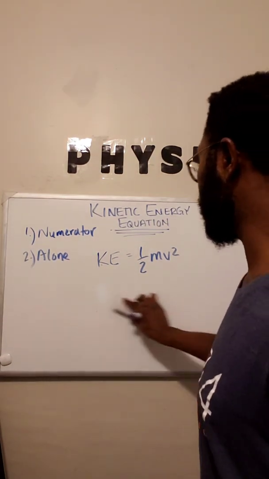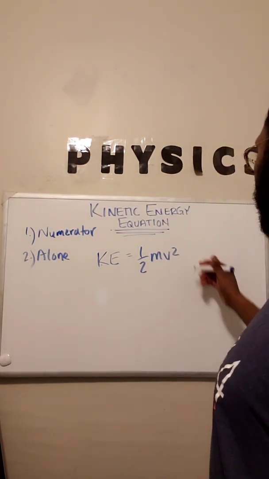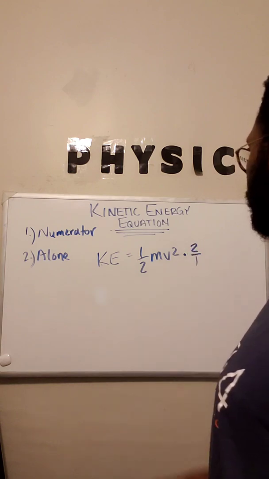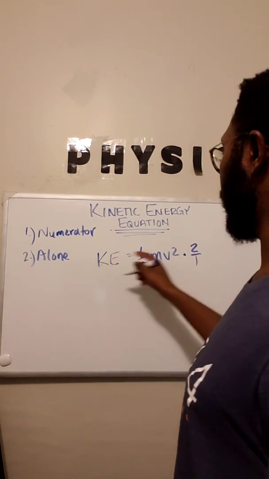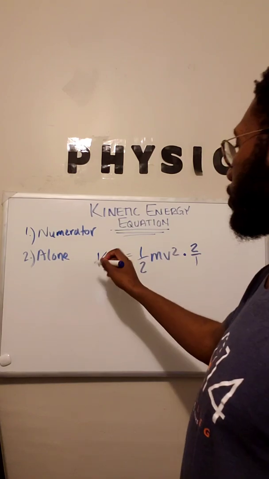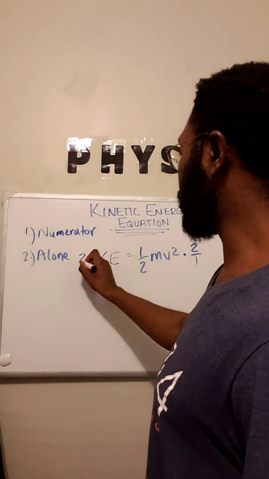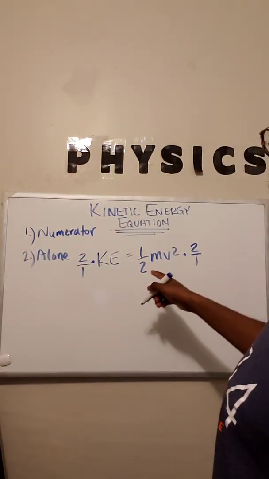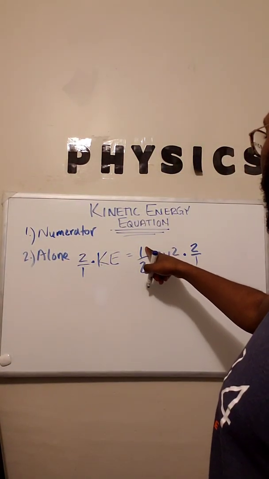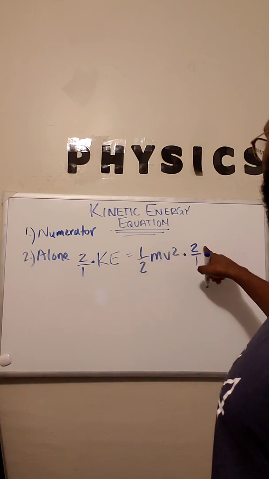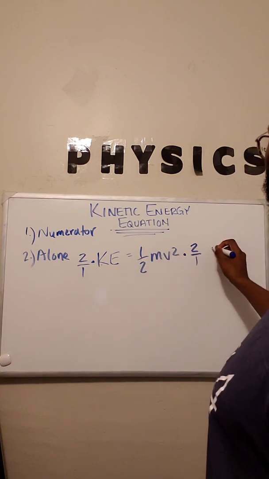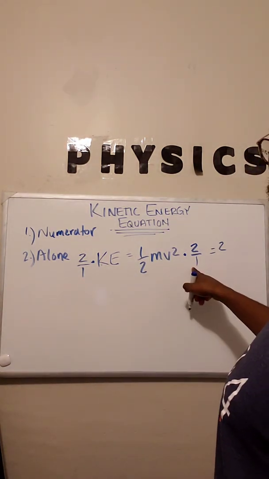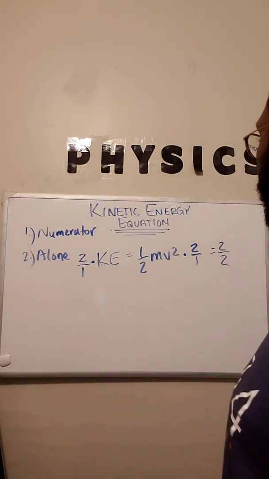All right, so let's go ahead and do that here. So I'm going to multiply 1/2 by 2/1. And whatever I do to one side, I need to do to the other side. So I have to multiply the kinetic energy also by 2/1. Now again, for 1/2, I have 1 times 2, which is equal to 2, and then I have 2 times 1, which is equal to 2.